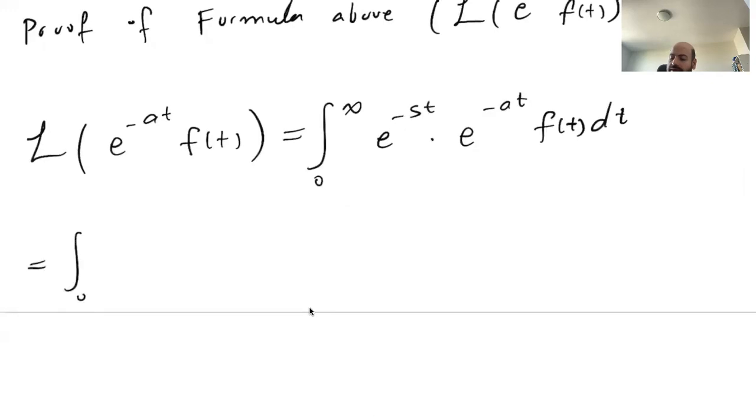And I can write this as the integral from 0 to infinity of e to the power minus (s plus a)t. See, e to the power minus st times e to the power minus at will be e to the power minus st minus at. I can factor minus out, and t is also a common factor, so t can also be taken out. Then I'll be left with minus bracket s plus a times t, times f of t dt.